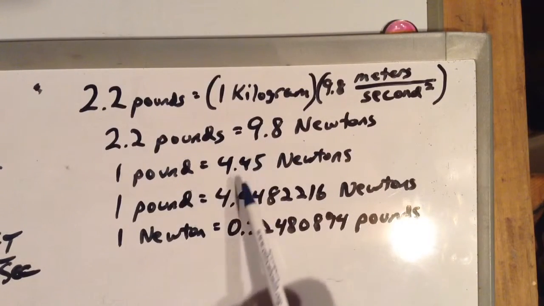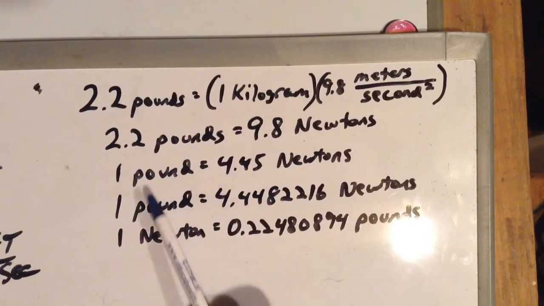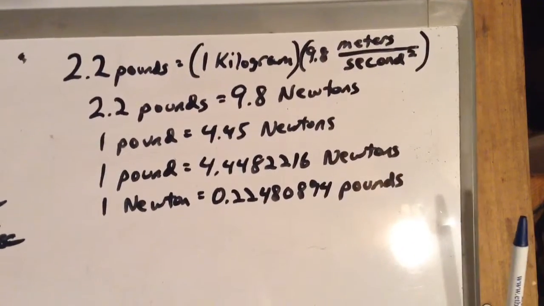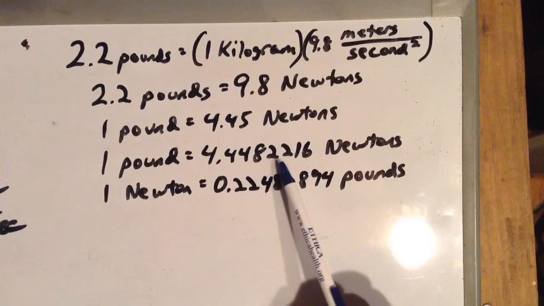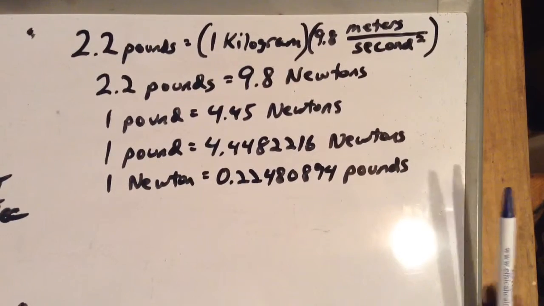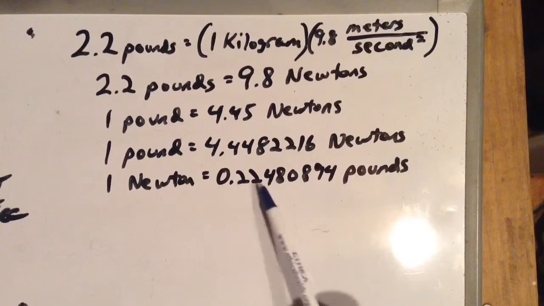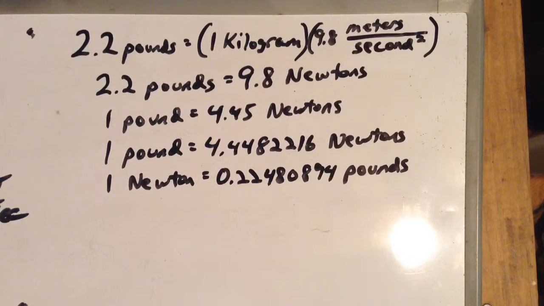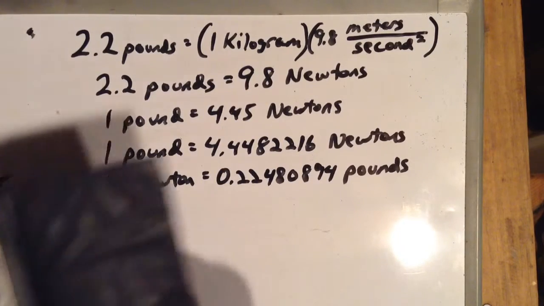So if 2.2 pounds equals 9.8 newtons, then 1 pound is 4.45 newtons. A more accurate number is 4.44822216 newtons, which means a newton is 0.2248089 pounds.